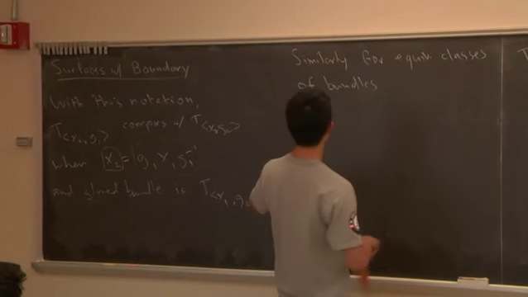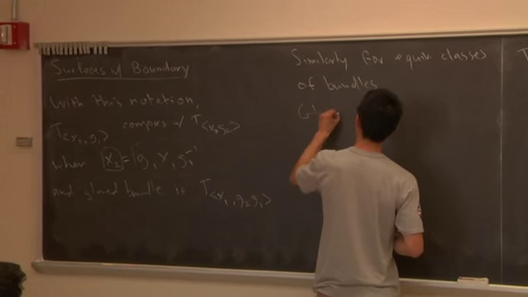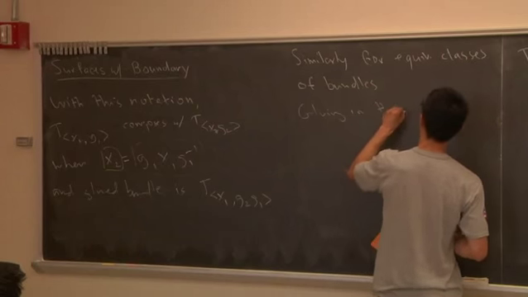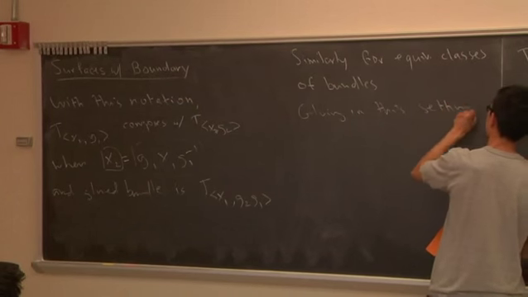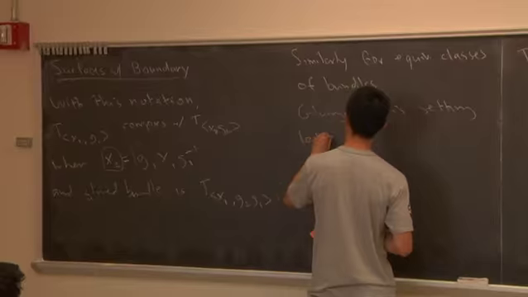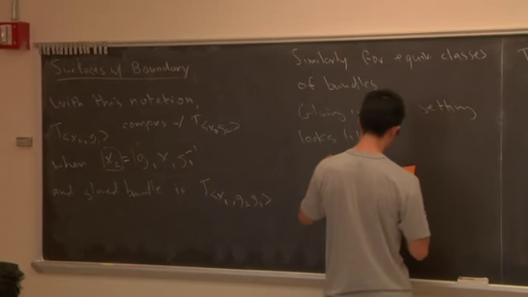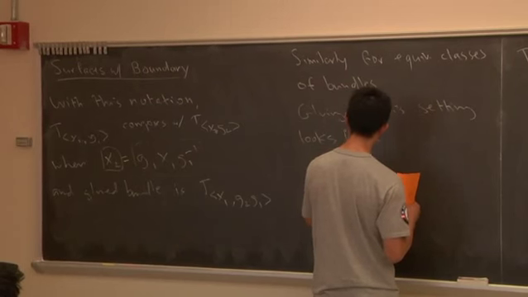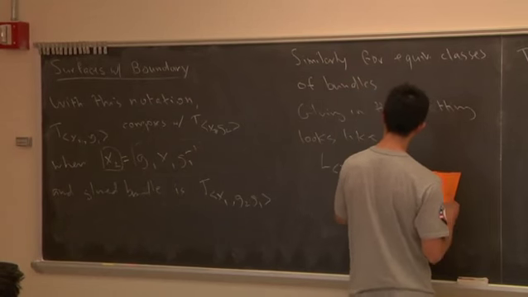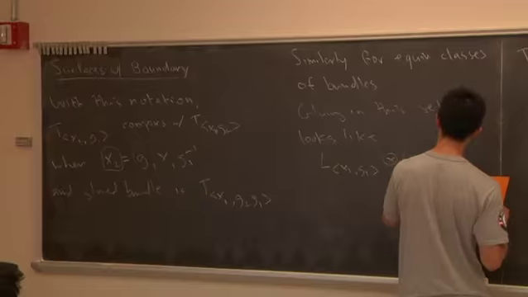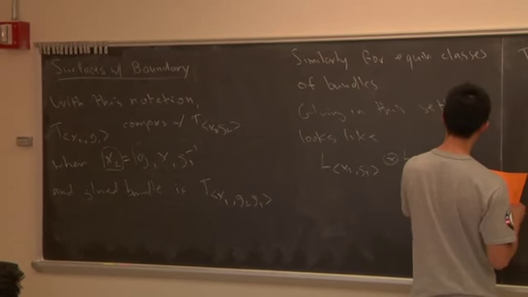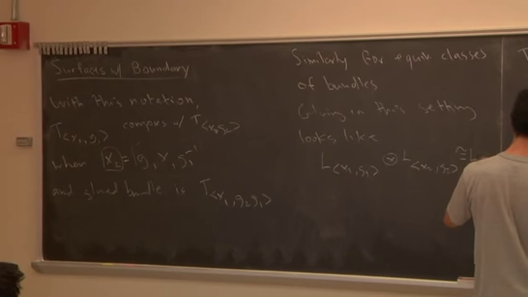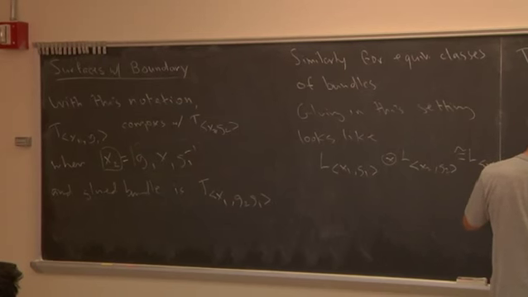And this gluing thing in this setting looks like, well, we can just write this out. So L of x1 g1 tensor L of x2 g2 is going to be the same as L of, just rewriting this thing.